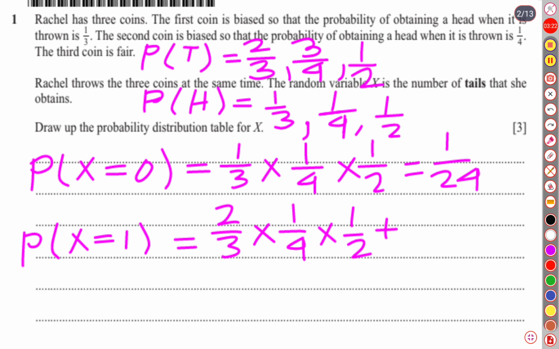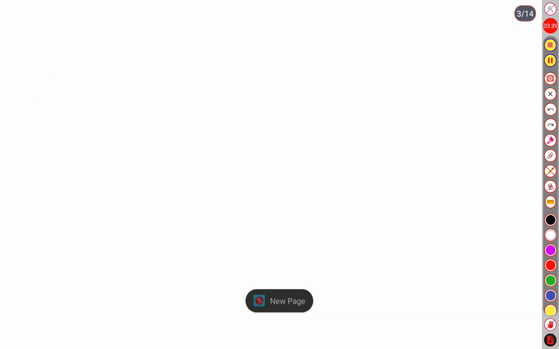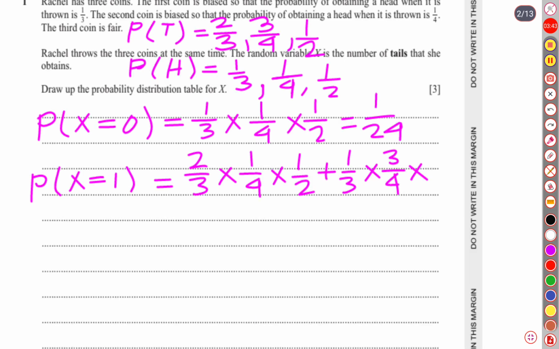Suppose second one is tail. That means first one and third one will be head. For being head, first one is one third, and second one is tail, so that is 3 over 4, and third one is again head, which is half. So this is the second case.